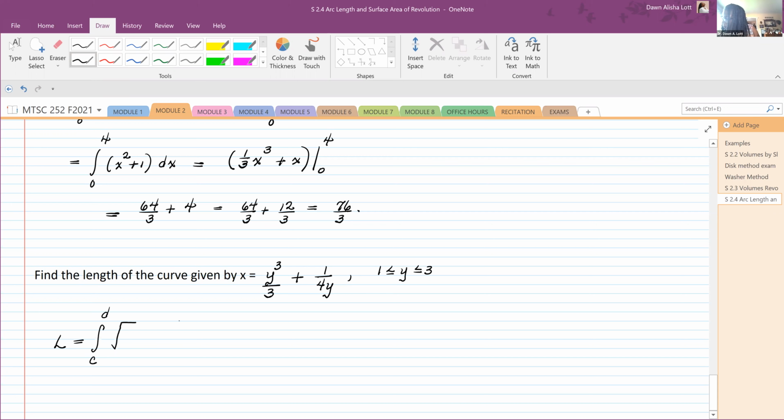We're going to get the square root of 1 plus the derivative of x with respect to y, squared, dy.